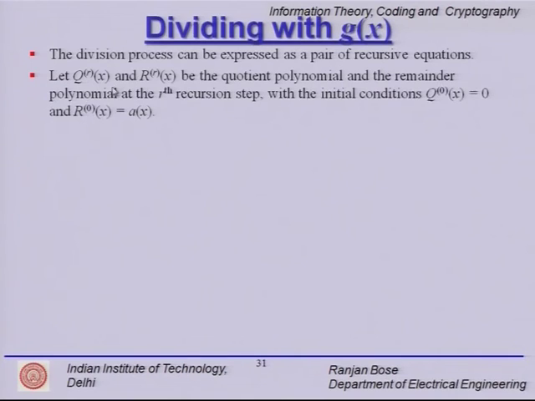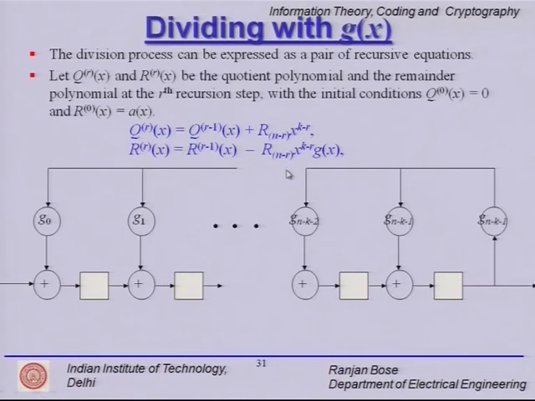So, let q(x) and r(x) be the quotient polynomial and remainder polynomial of the rth recursion step, with the initial condition that q(x) is 0 and r(x) is a(x). So, you can write out these two recursive steps by dividing with respect to g of x, and by forming these recursions you can always get the answer.